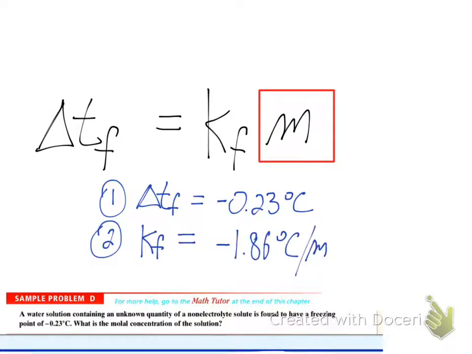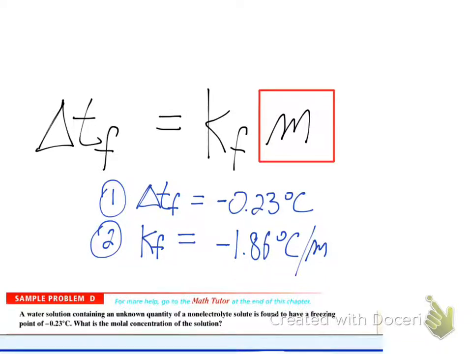In this case, we're told the actual change in the freezing point temperature. It changes by negative 0.23 degrees Celsius, and we're given, and we will be given on the test, the freezing point constant of negative 1.86 degrees Celsius per molal. Okay, so we're given those 2 things.